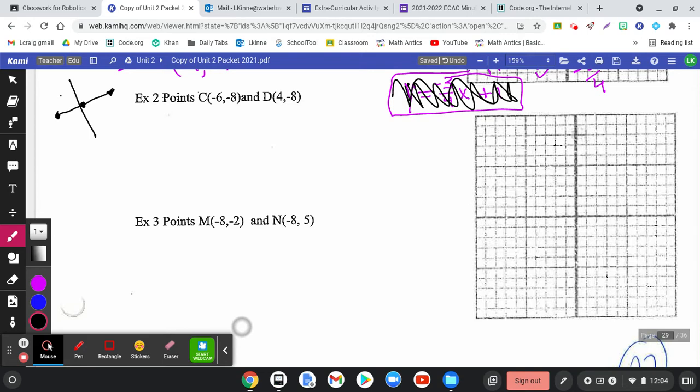Okay, so midpoint, let's do that first. -6, -8. 4, -8. Again, if you'd rather graph it, you can. -6, 2, 4, 6, 8. And 4, -8.